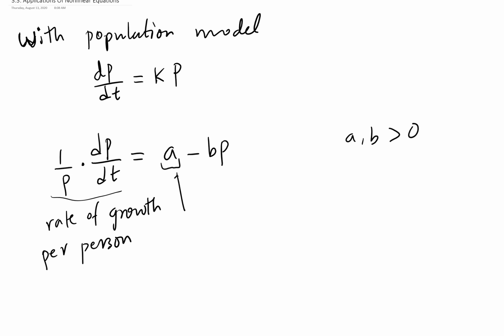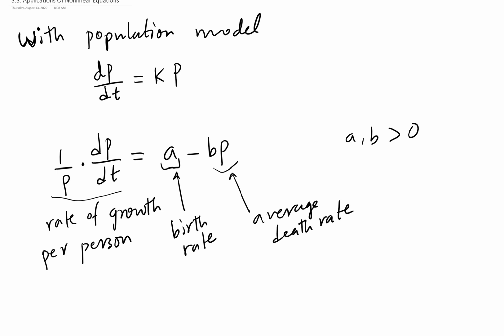This a represents the birth rate, and this b represents the average death rate. So birth rate minus average death rate will tell us, whether it's negative or positive, if the population is increasing or decreasing.